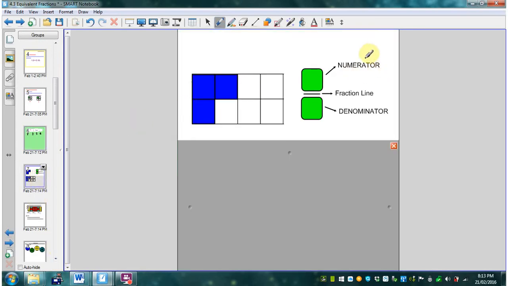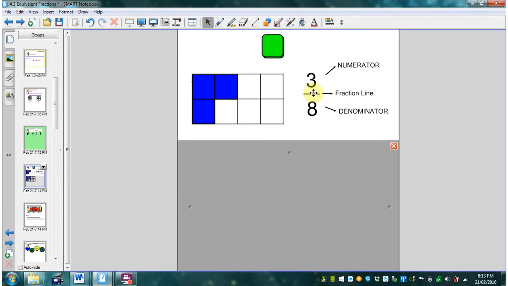Alright, so here's some words that you need to know when you're dealing with fractions. First off, here we would have 3 shaded. 3 shaded out of how many? 1, 2, 3, 4, 5, 6, 7, 8. So we have 3 out of 8. The number on top of the fraction is called the numerator.